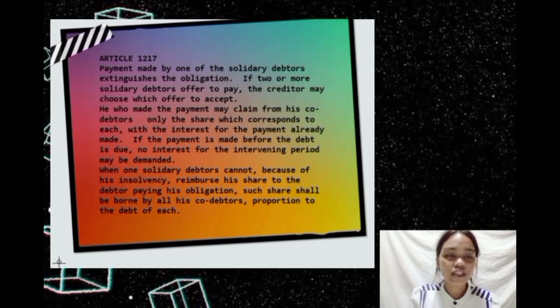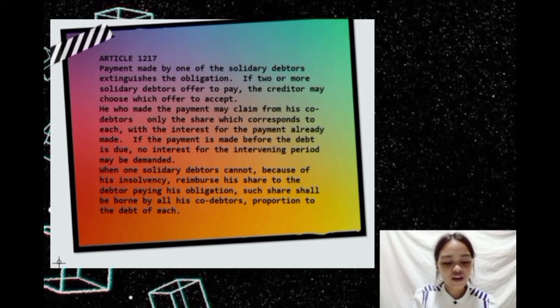So, this article gives rise to the effects of payment by a solidary debtor. Number one, between the solidary debtors and creditors. Payment by one of the solidary debtors extinguishes the obligation.